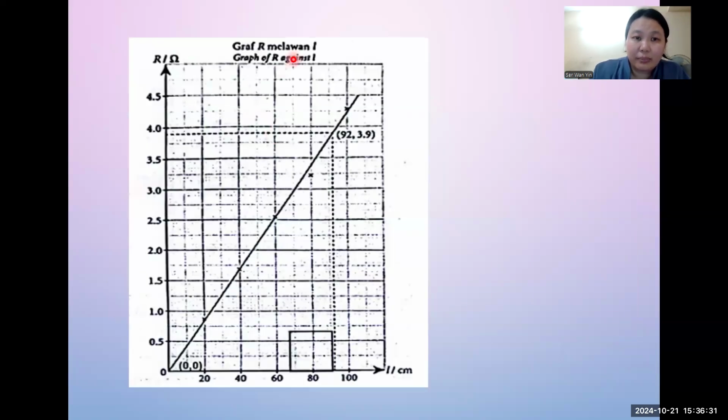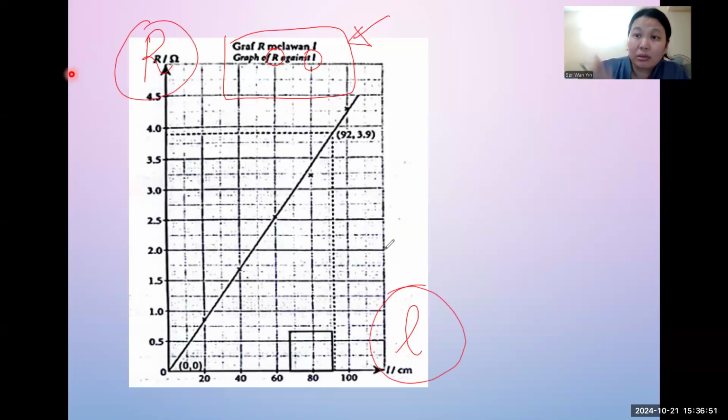Then, for example, this question says graph of R against L. So R against L. Okay. Sure, they show you this already. So from here you can check what your XY axis is. Then you write your unit.